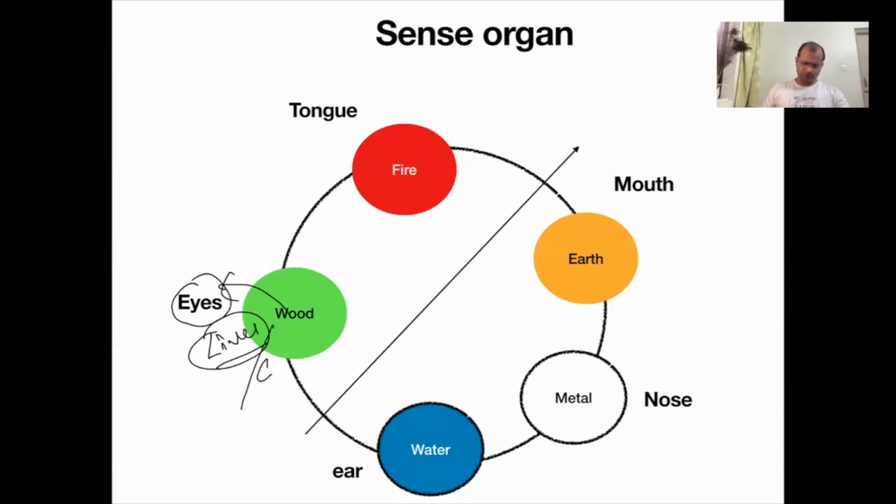If there is any problem in the liver and gallbladder, we can see it in the eyes. जब किसी को liver की problem होती है, आंखें पीली हो जाती हैं. If the person is suffering with jaundice, we can see the yellow eyes. Even the different type of the eye problem, we can see changes in the eyes. Different type of the liver problem, we can see the changes in the eyes.